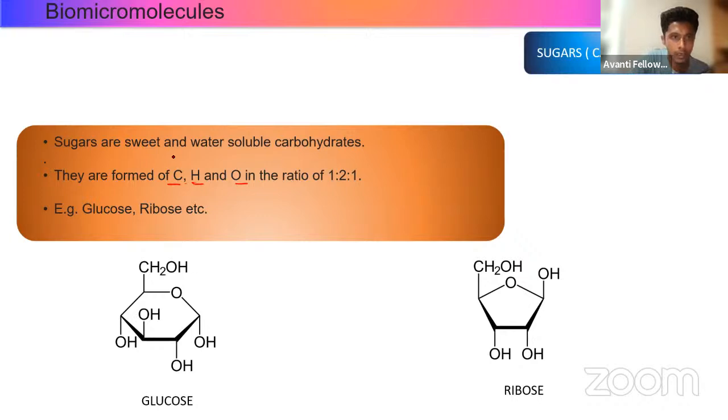Usually the carbon to hydrogen to oxygen ratio is 1:2:1. If I take the example of glucose, you have C6H12O6. If you see the ratio, carbon is 1, hydrogen is 2, and oxygen is 1. So sugars are carbon, hydrogen, oxygen containing compounds.